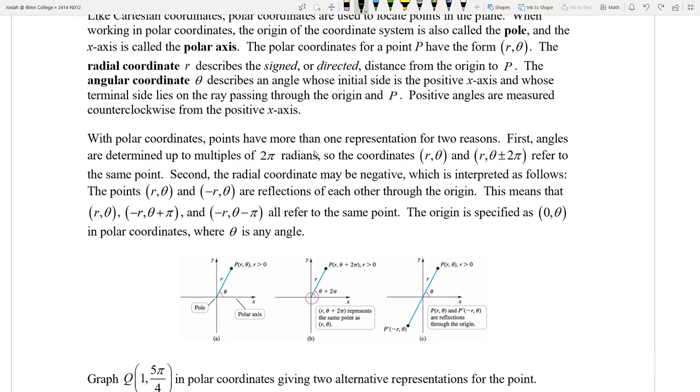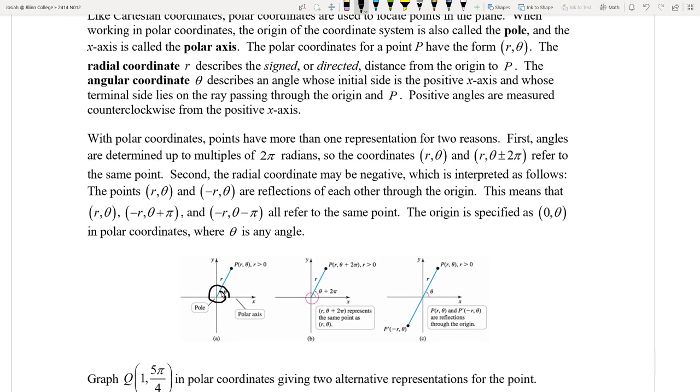And so because of that, as we remember from the unit circle, there's lots of different ways that we can describe the same point. Every time that we go around the unit circle once, remember that that's going to be an angle of 2 pi. And so we can actually get the same angle by either going straight to it from the polar axis, or by going all the way around the circle and then meeting back up with it.